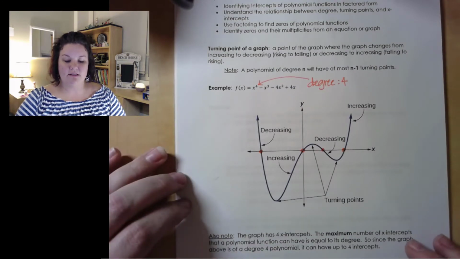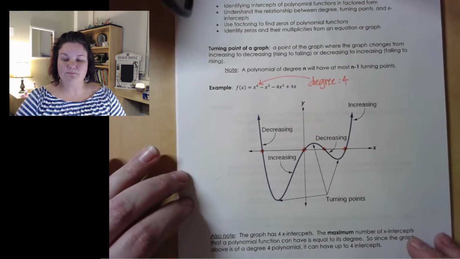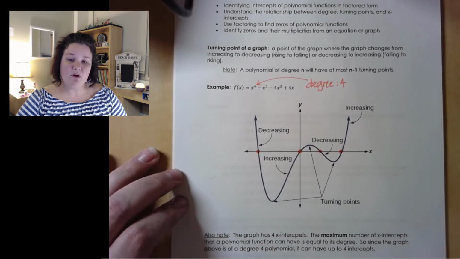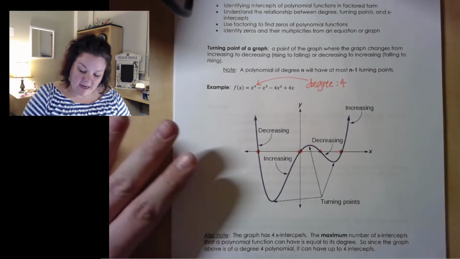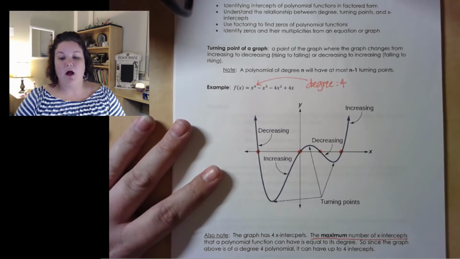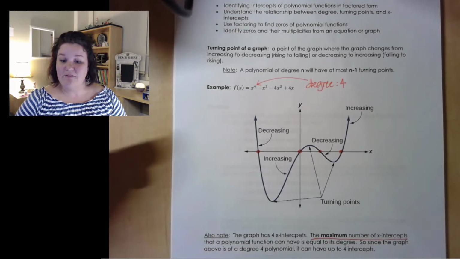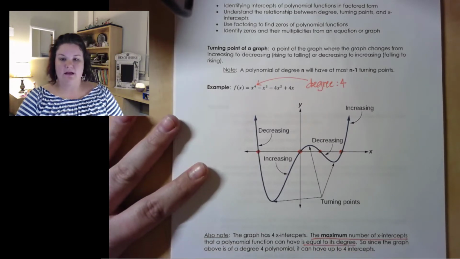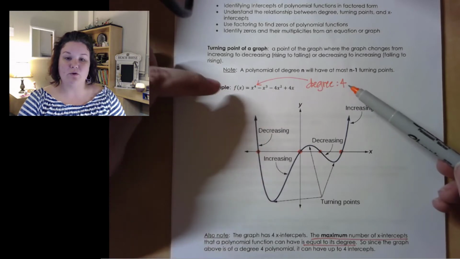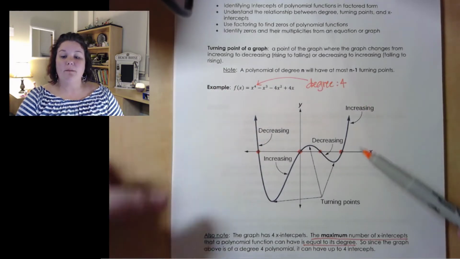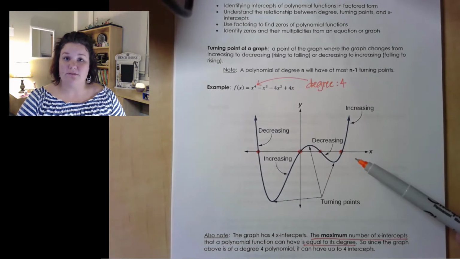So we actually have this little note, or this theorem, if you will, that states that the maximum number of x-intercepts that a polynomial function can have is equal to its degree. Notice, because this is a degree 4 function, we can have up to 4 intercepts, right?